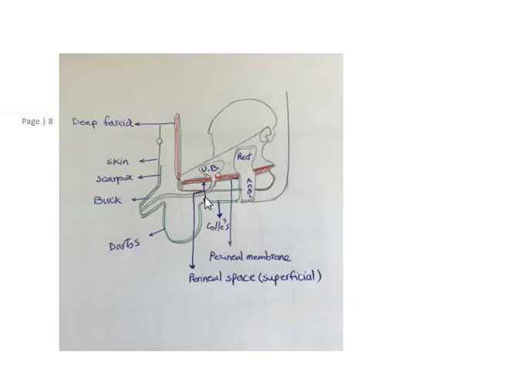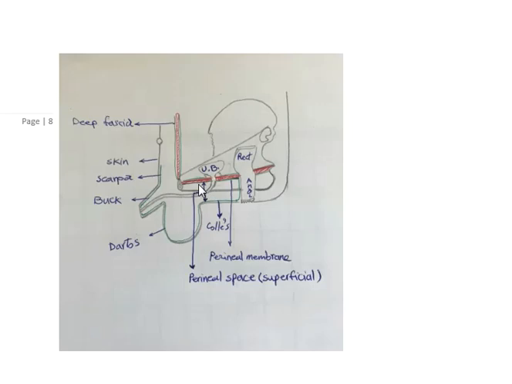Deep perineal space is a space that we called pelvic diaphragm here. I mean, everything between this fascia that covers the upper part of the pelvic diaphragm and the perineal membrane, everything that we find here, we say is located in the deep perineal space.